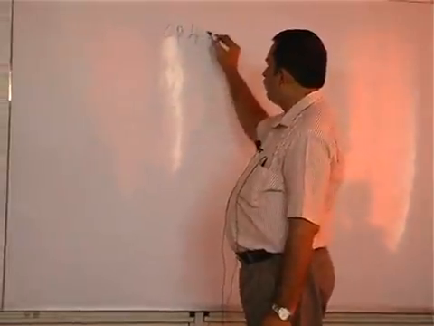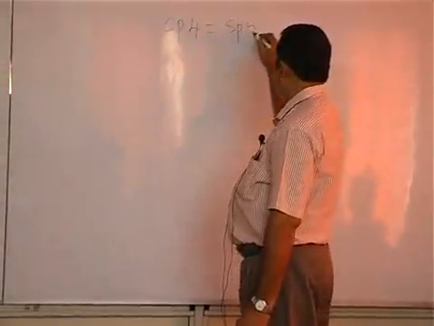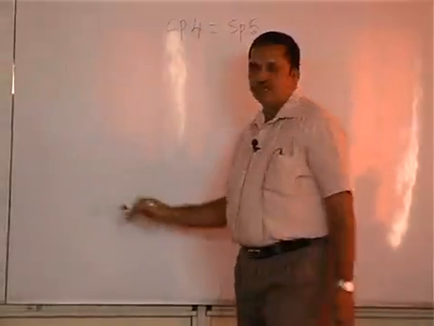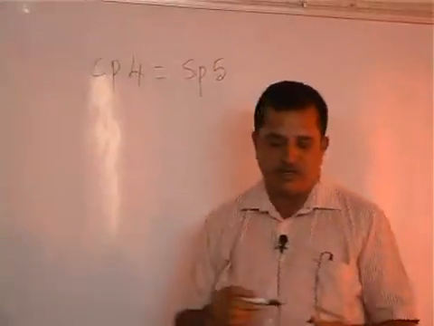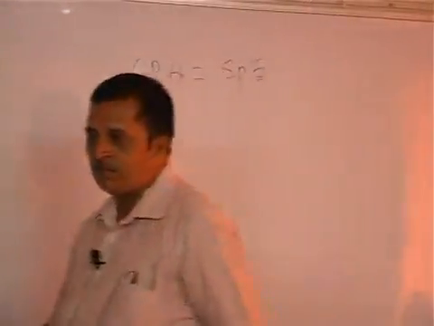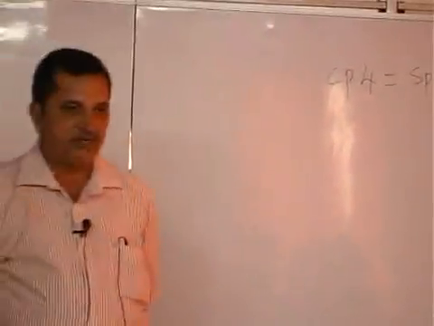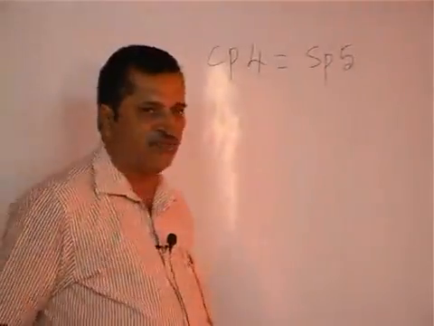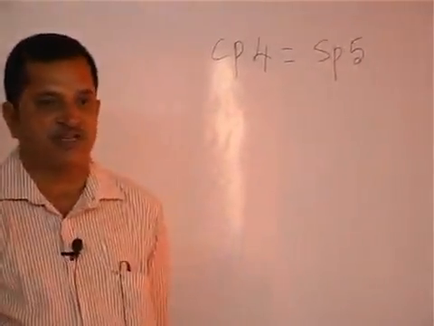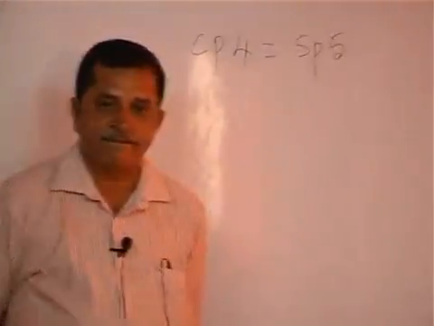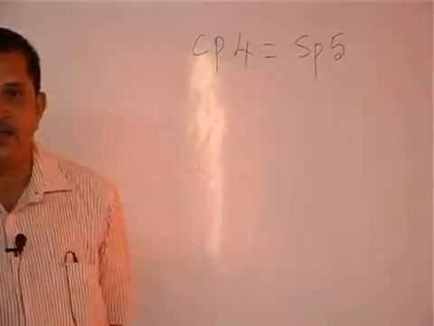Cost price of 4 articles is equal to selling price of 5 articles. Find the gain or loss percent. Neither has he mentioned the cost price nor the selling price, but he is asking gain or loss percent. We don't know cost price, we don't know selling price.